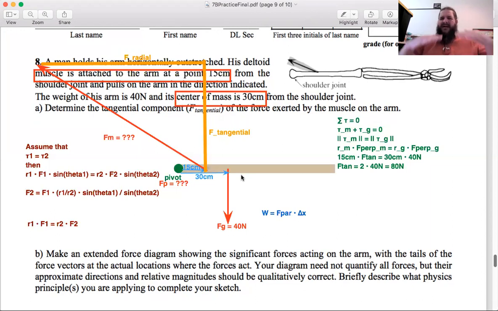But basically looking at it in terms of if this object were to rotate a tiny angle, how much work would be done by each of those forces, and then assume that all those works balance out because of conservation of energy. So it's entirely possible to figure this out using this idea of tiny bit of work done if the object were to rotate very slightly instead of using torque. And it turns out to be the exact same equations, just a different way of getting there.